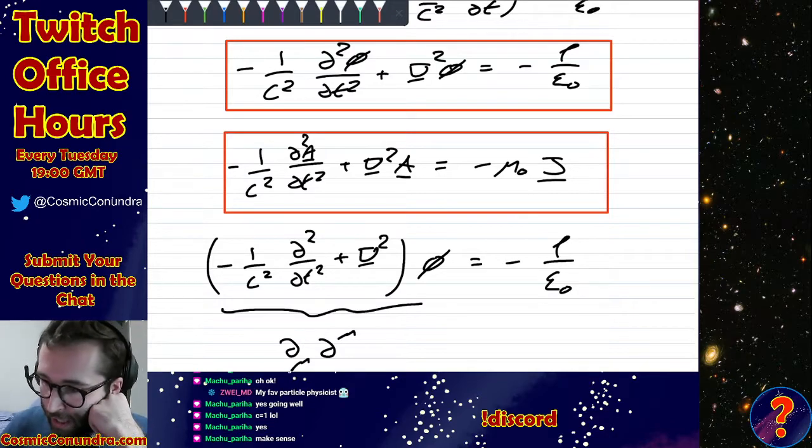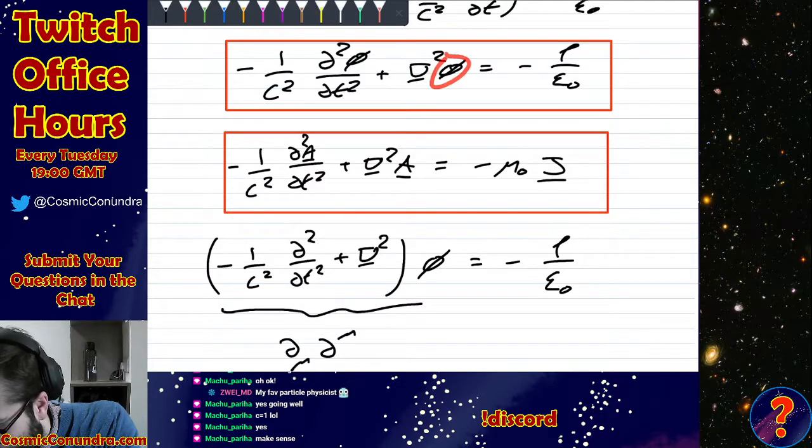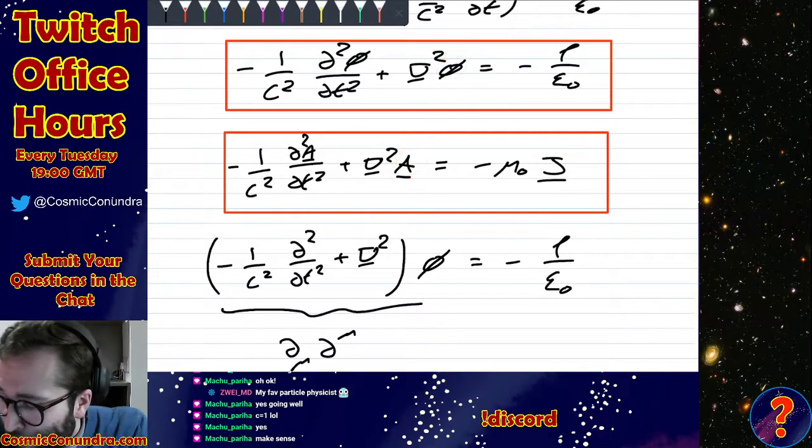So if the quantities in your equation in special relativity appear to have a preferred coordinate system, then they're not what we would call covariant. They don't respect the symmetry of special relativity. So it's not good that phi and A appear to change form when we change reference frame.